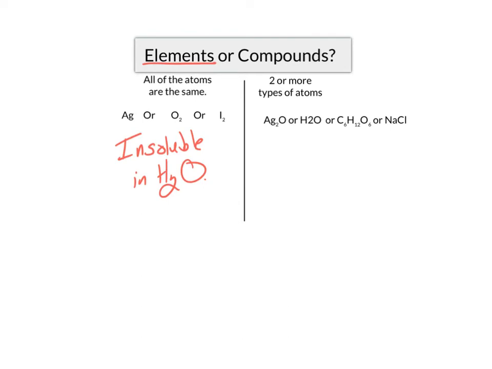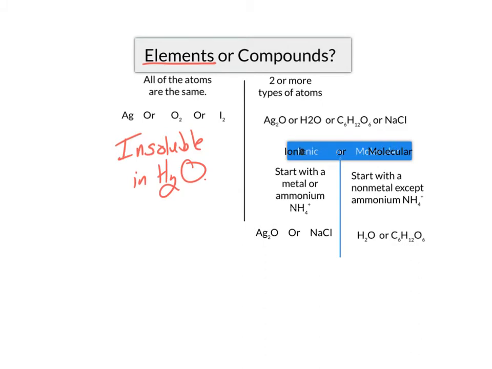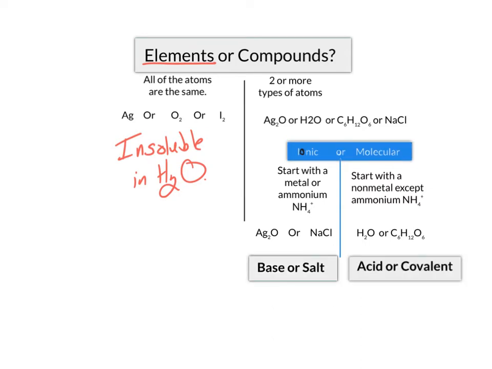We're going to need to look at it to see if it's an ionic compound or a molecular compound. Recall that ionic compounds start with a metal or ammonium, whereas the molecular compounds start with a non-metal. Then, within each of those, we're going to want to categorize the substances as either a base or a salt, or in the molecular case, an acid or a covalent compound.